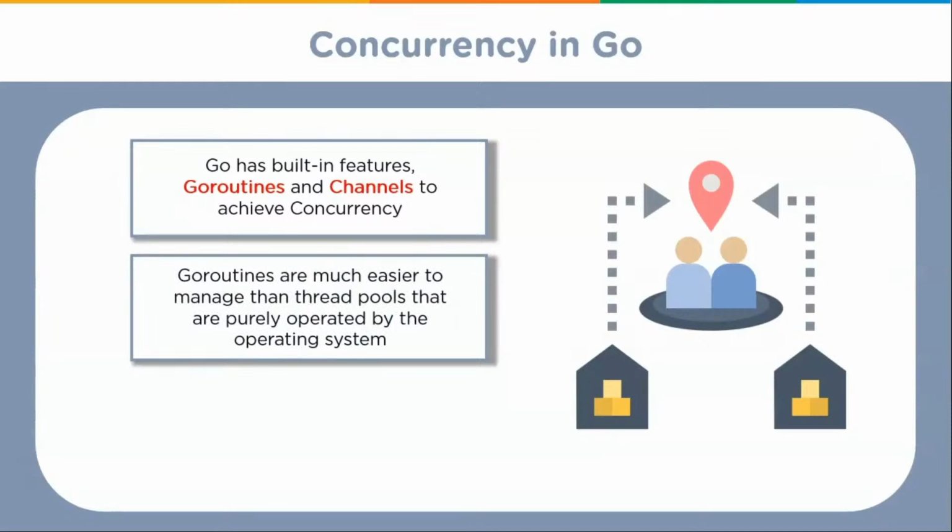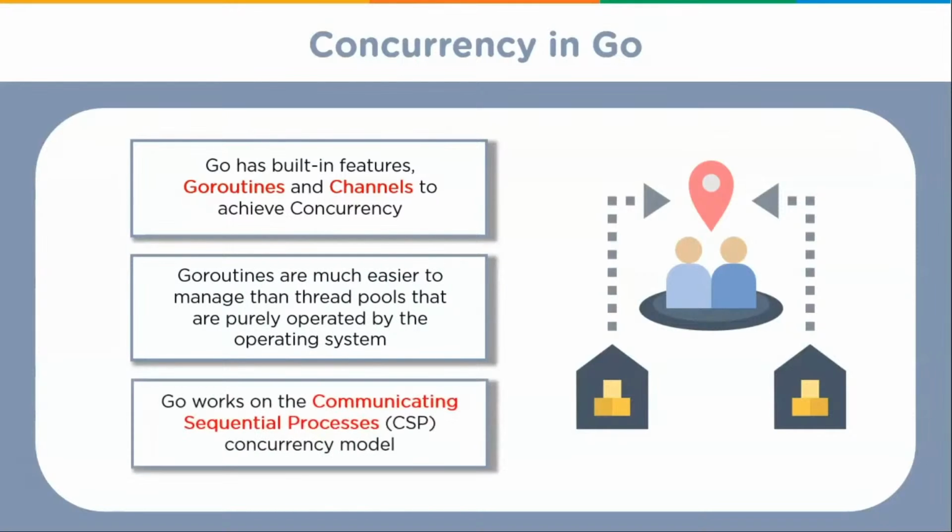Goroutines are much easier to manage than thread pools that are purely operated by the operating system. Go works on the communicating sequential processes, CSP, concurrency model.